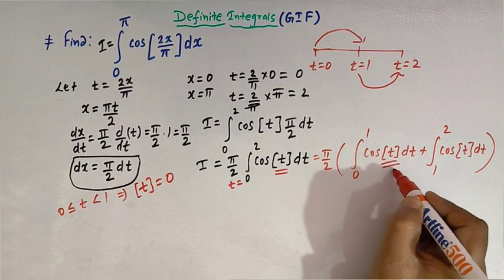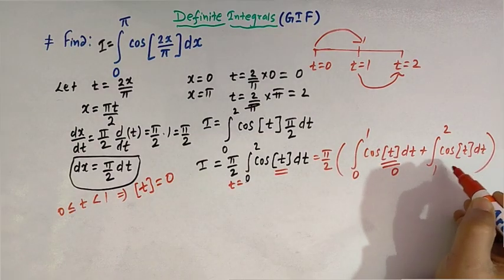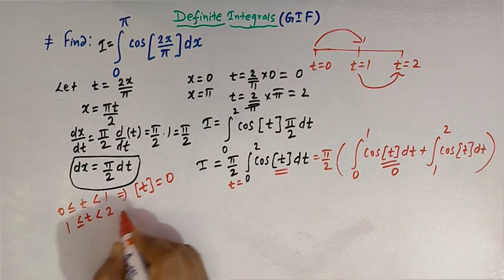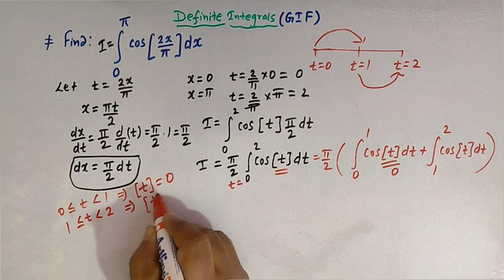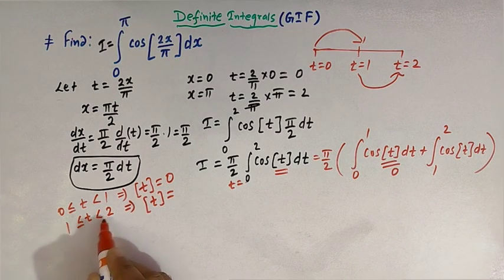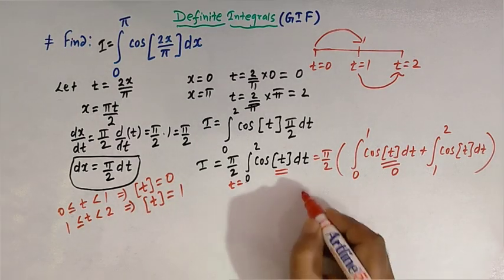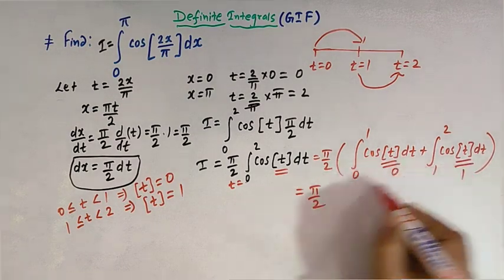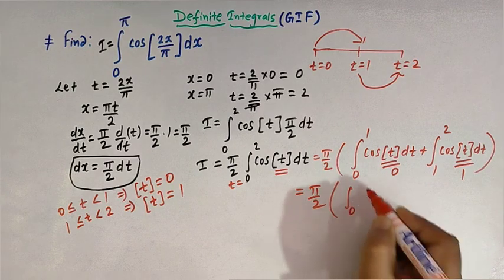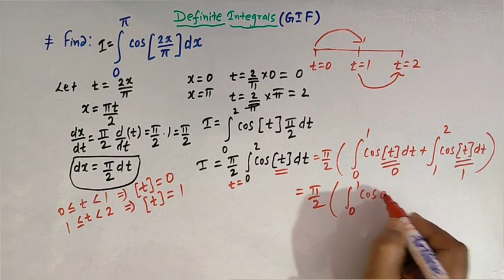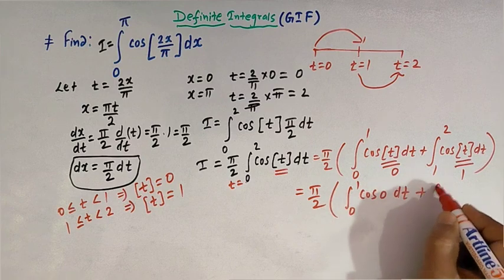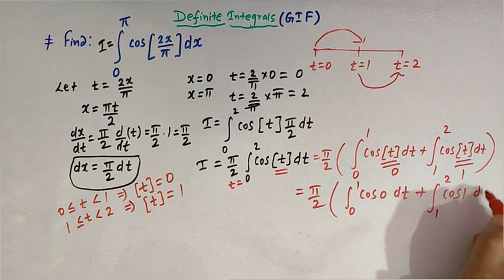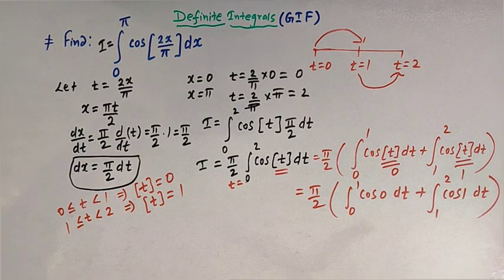So here we'll have 0, right? And when we take this one, then t varies from 1 to 2, and the value of greatest integer of t when t lies between 1 and 2 is 1, right? So now here we can take 1. So now this expression reduces to 0 to 1, and here we have cosine of 0 dt, and here we have 1 to 2 and cosine of 1 dt, right?